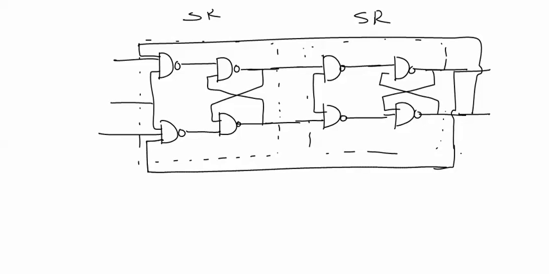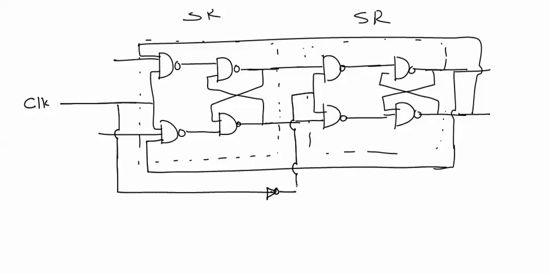This is how the feedback is taken from the output, and again the clock signal will be directly applied to the master flip flop, and its inverted form will be applied to the second flip flop.